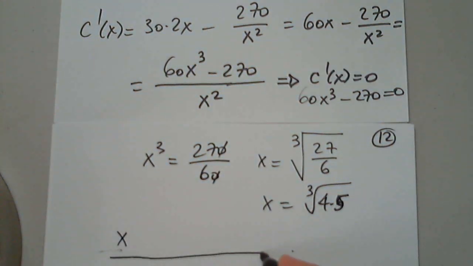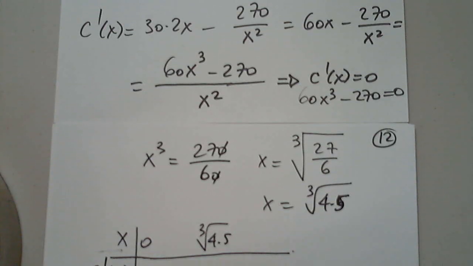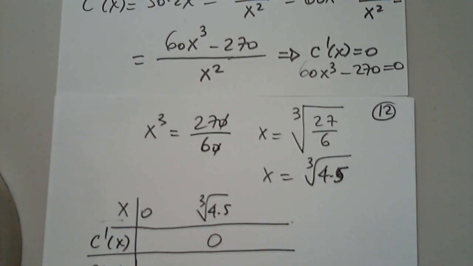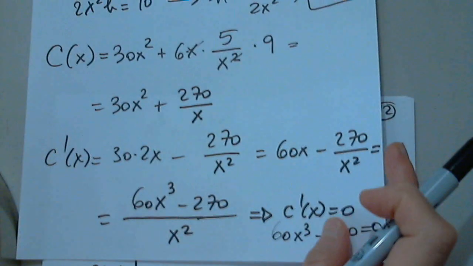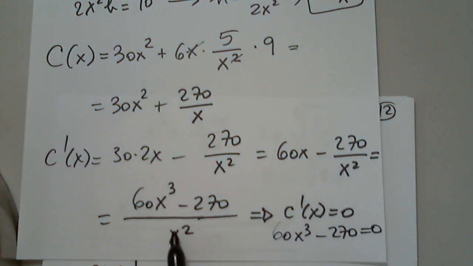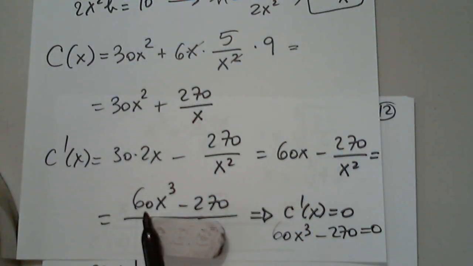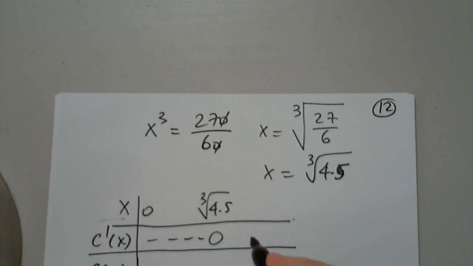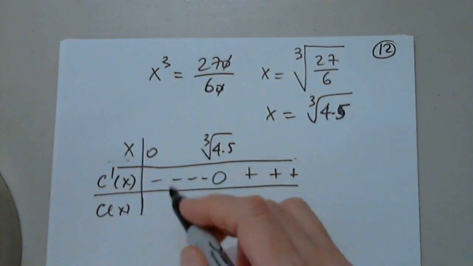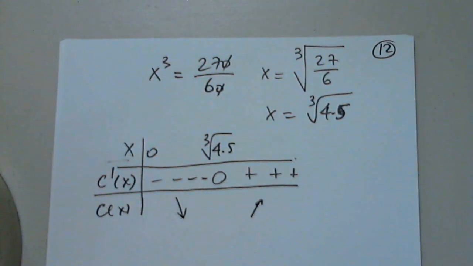We will in a minute. So c prime of x and c of x. When I plug in 0, it's negative. Now this is guaranteed to give a minimum.